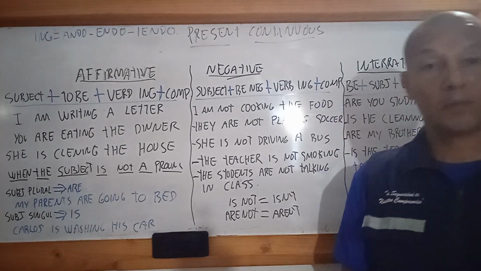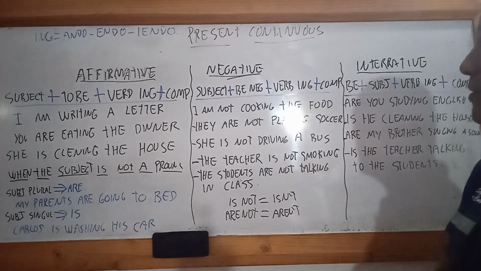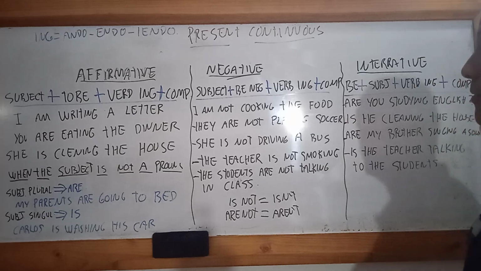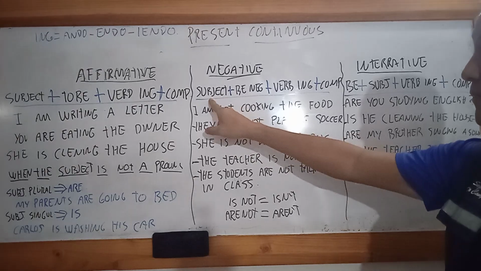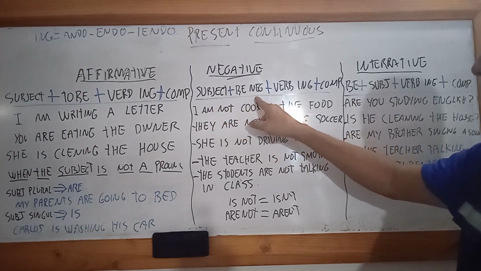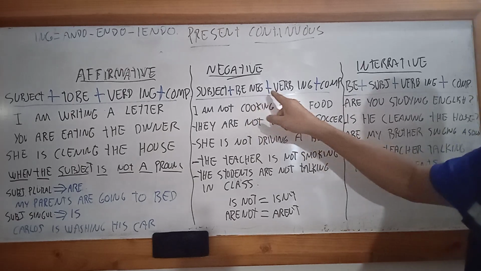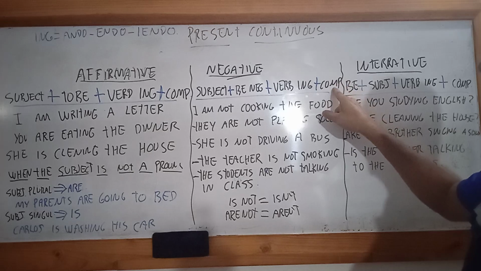Now let's try to understand what happened in the negative sentences. Well, we have a special formula. Look at this. First, the subject plus the verb to be in negative form plus the verb with ing plus the complement.